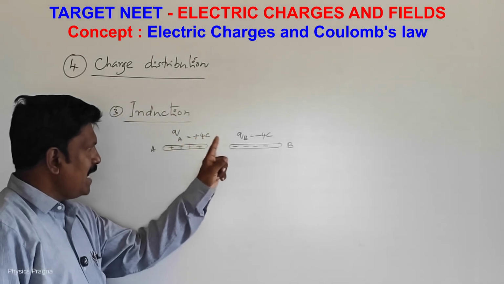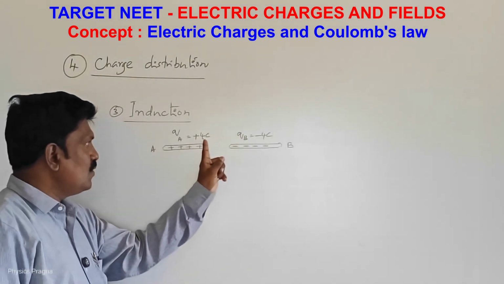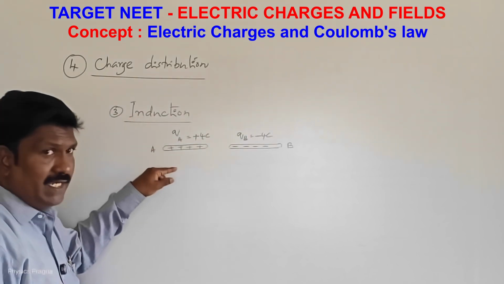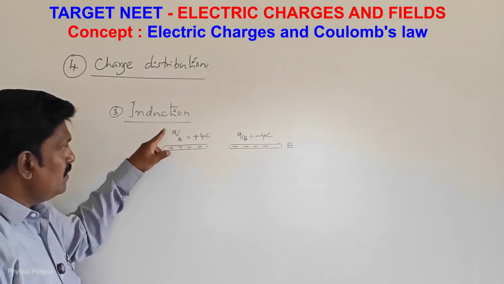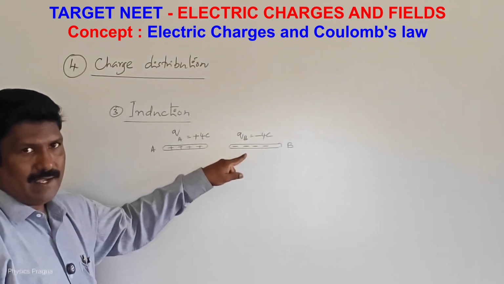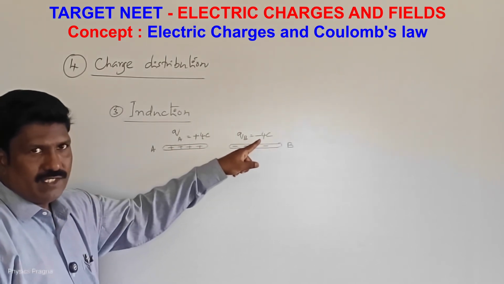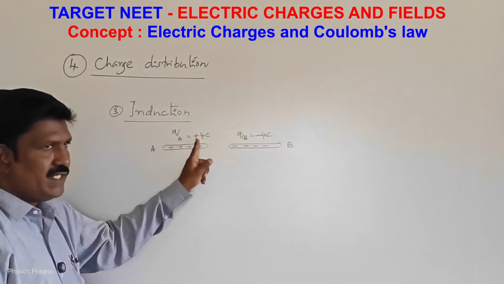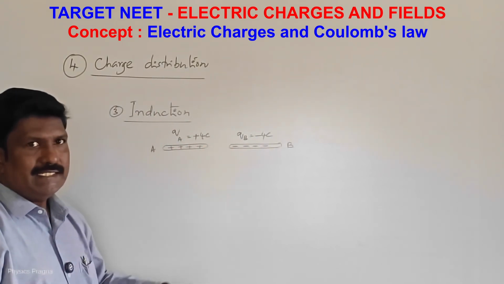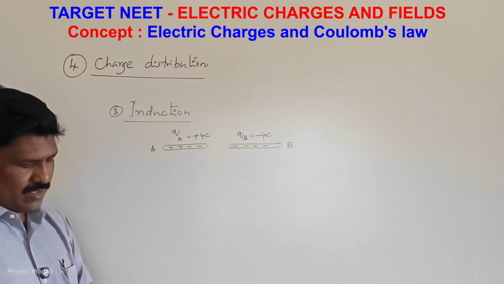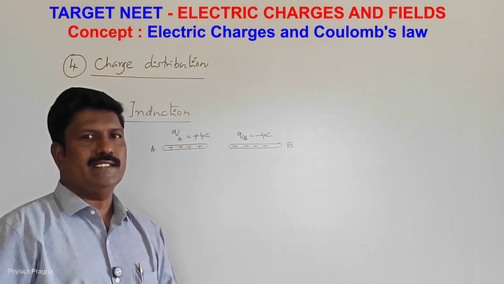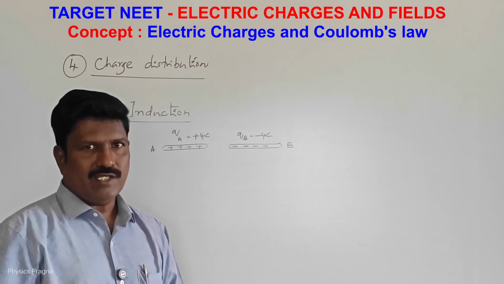So here the type of charge is different, the quantity of charge is the same. So in induction, opposite charges will come, the same amount of charges will come, but the type of charge is different. After induction, these two bodies attract each other. In frictional electricity, after friction, two bodies get different types of charges.